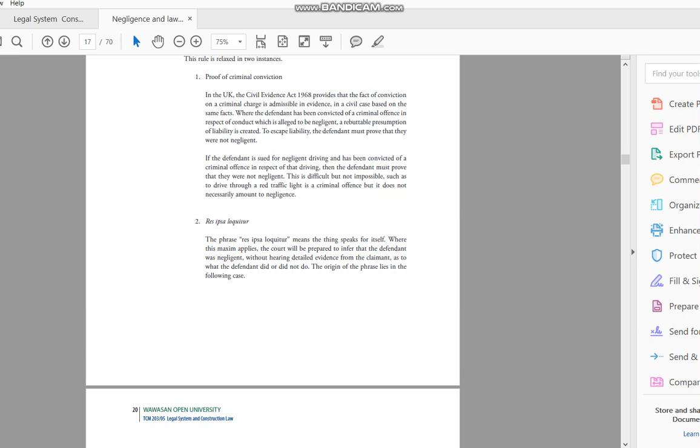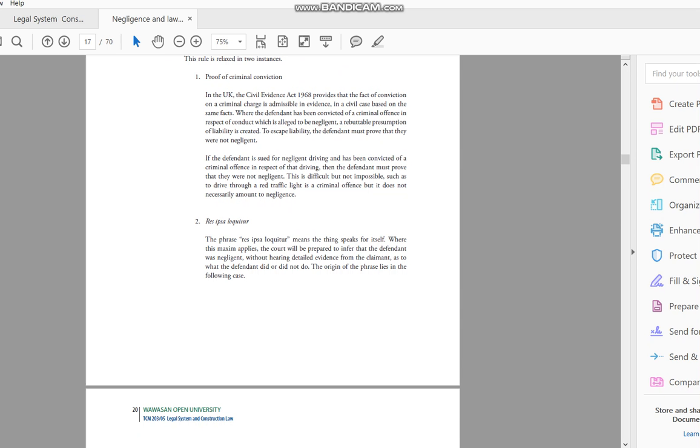And the other thing is when there is a conflict between a criminal act and negligence. Obviously the respondent has been sued for negligence. If you have broken traffic law, it does not mean that breaking this traffic law is causing the negligence. So you cannot take breaking laws as the proof for negligence.